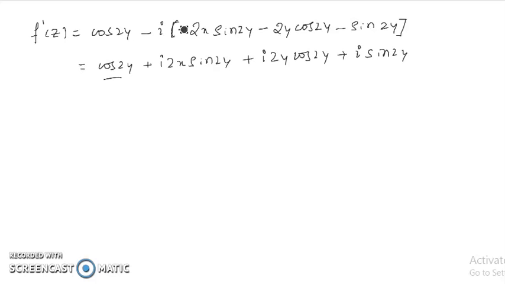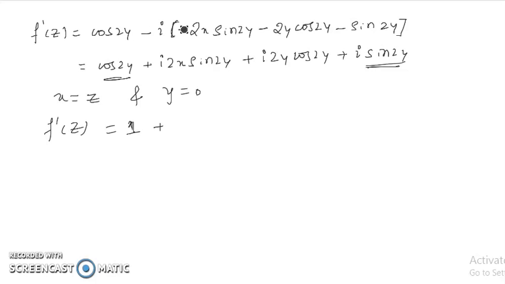So this cos 2y and this, I can group the terms, or else what we can do here, with the help of Milne-Thomson's method, I can put x equal to z and y equal to 0 here. That is f dash of z is equal to, if I substitute 0 here, cos of 0 is going to be 1.